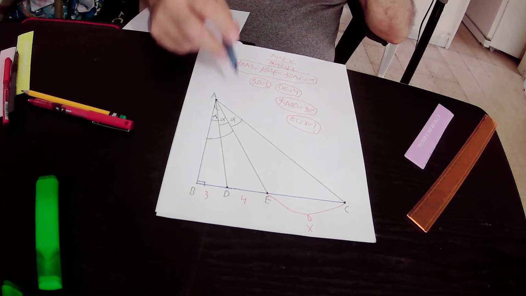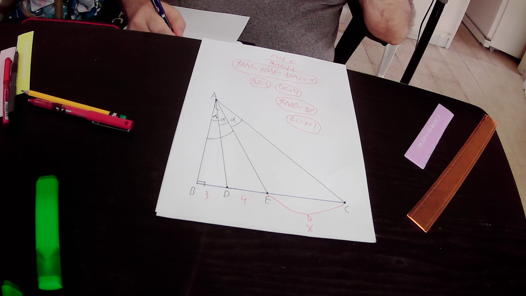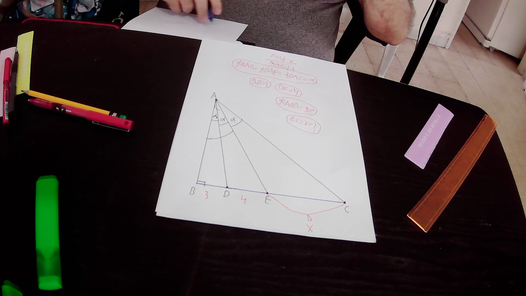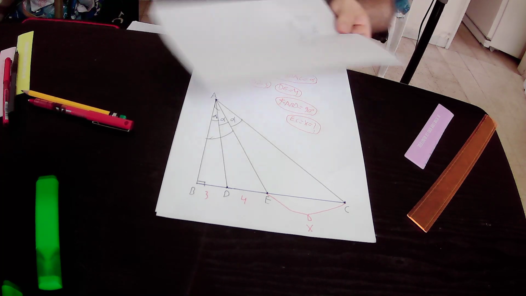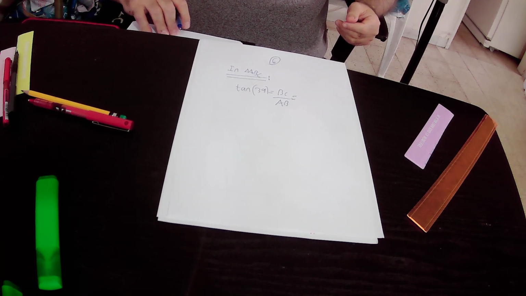We know that tangent 3 alpha equals BC over AB.